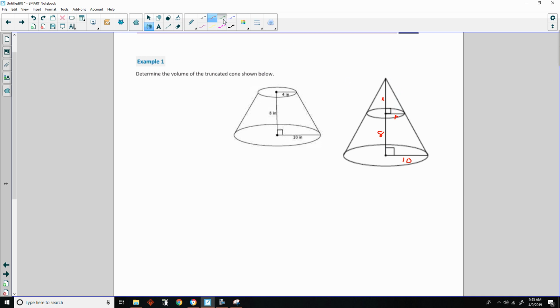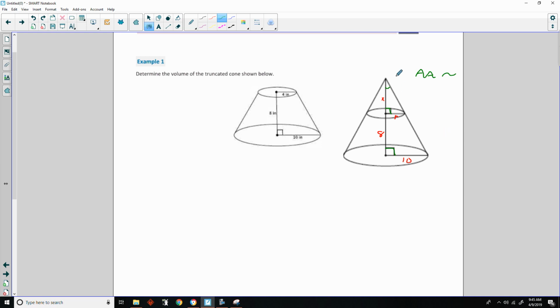So let's start there. I know that one angle is a right angle, and this angle is a right angle. And they share this angle. It's in this little triangle, and it is also in this big triangle. So I have angle, angle similarity. Since the triangles are similar, I can set up a proportion.